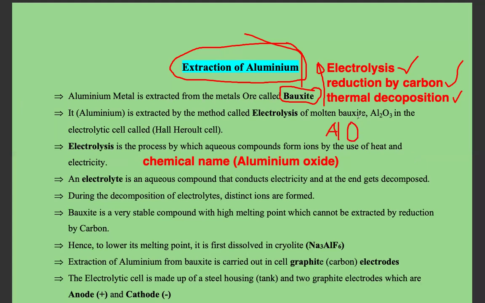Aluminium 3, oxygen 2. So when these valences are interchanged, the 2 on oxygen is written as a subscript on aluminium. The 3 on aluminium is written as a subscript on oxygen. That is how we are able to write this chemical formula, Al2O3. Any questions so far?